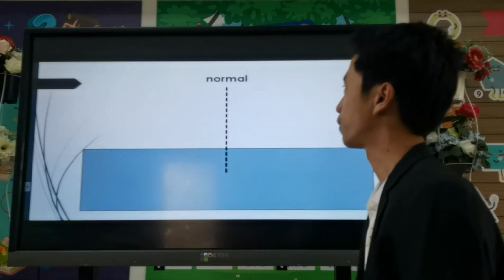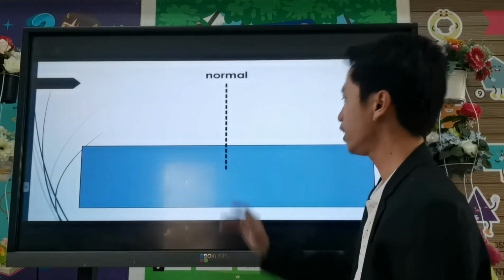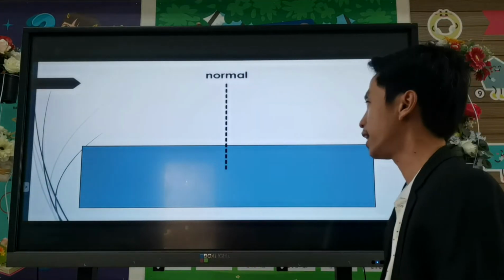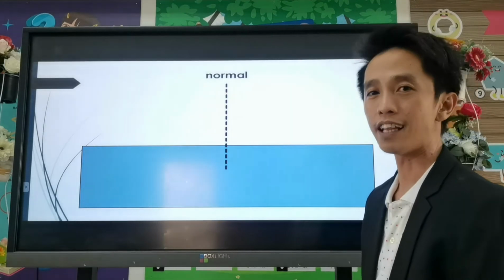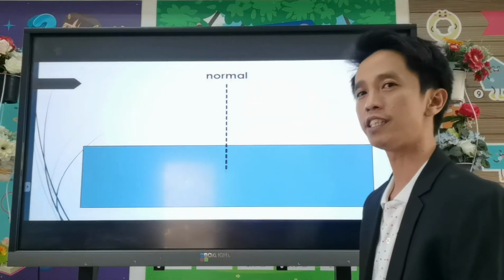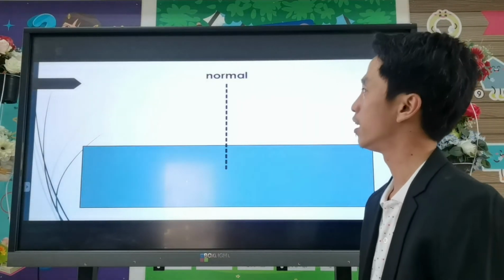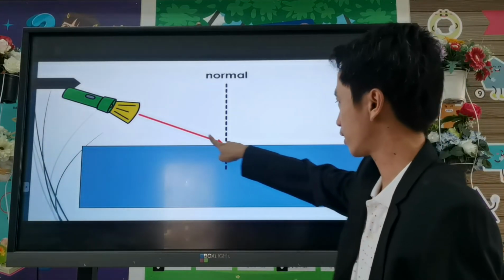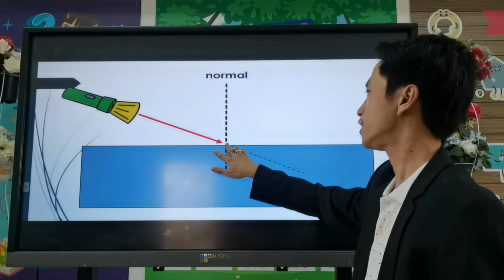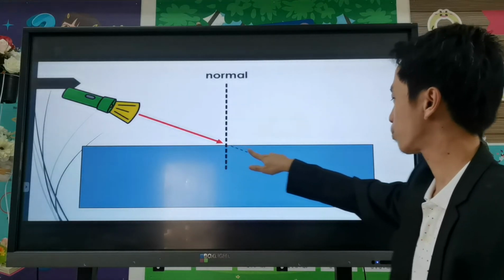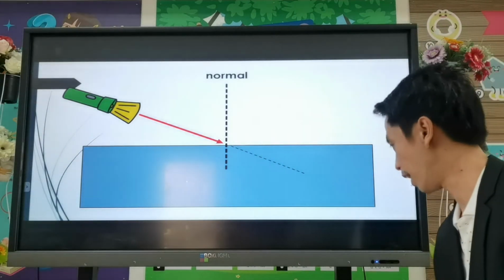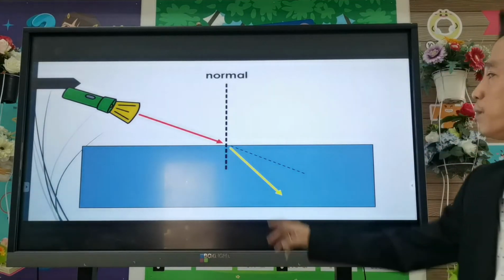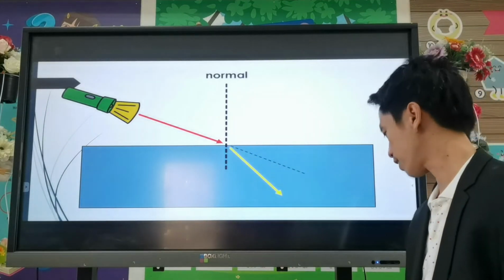Okay, here. Same, we have the normal as the base, but the difference is the light or the image is being refracted. This is the light, the incident ray. It's supposed to go like this, but it happened that it refracted.